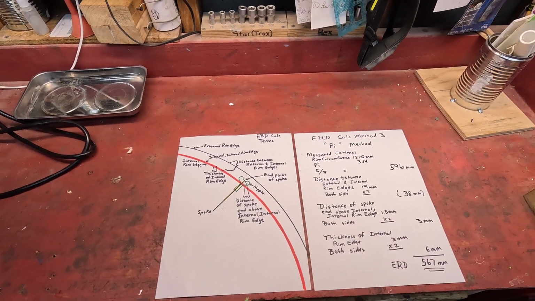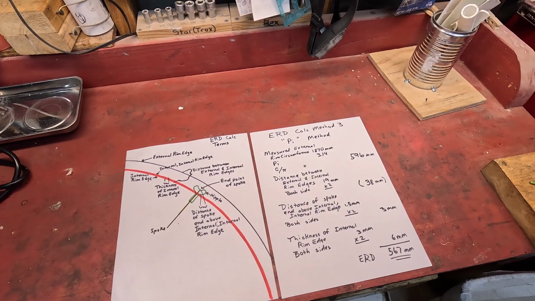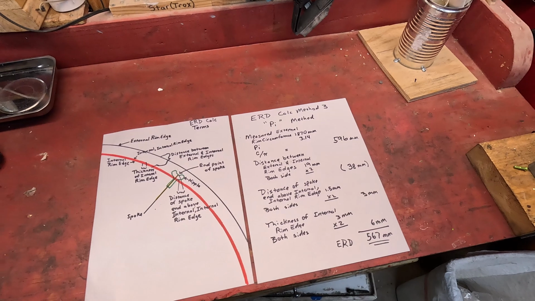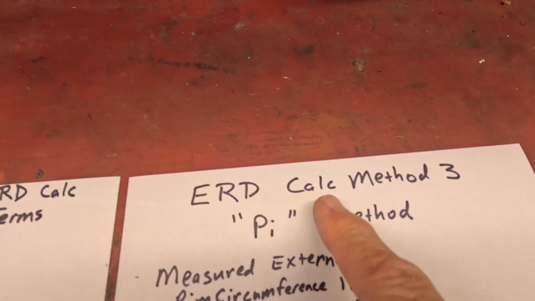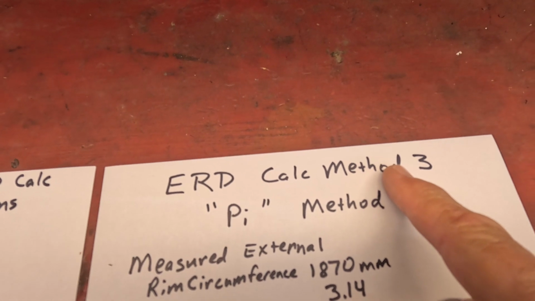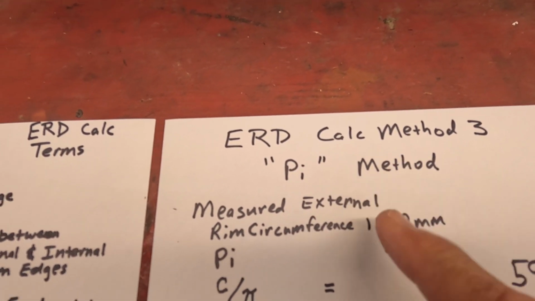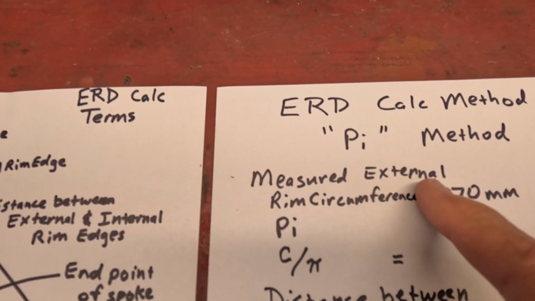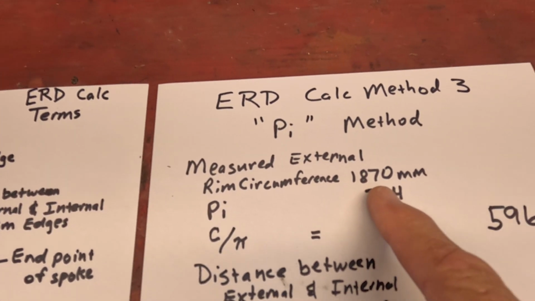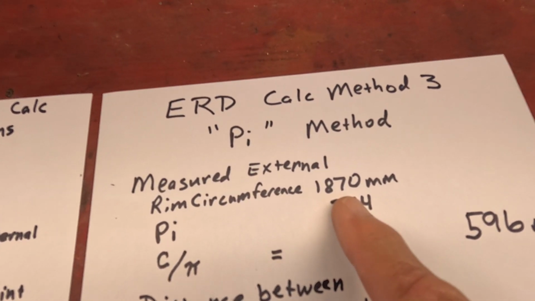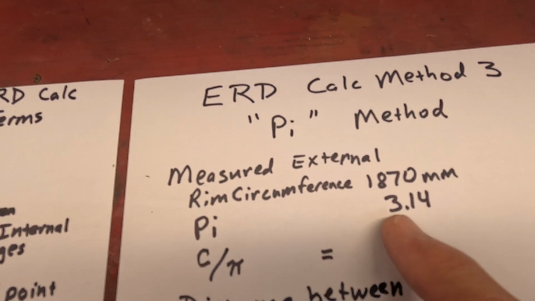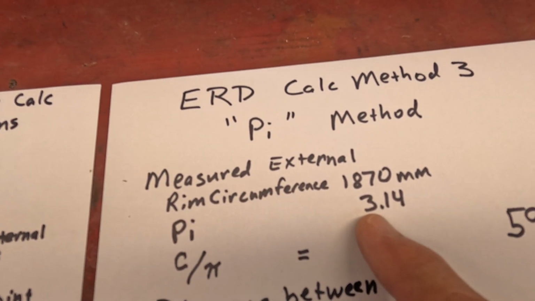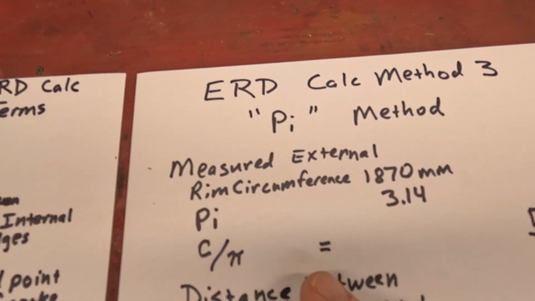Okay, now that you have the external circumference of the rim, we can start doing some calculations. So this is the ERD calculation methodology number 3, referred to as the pi method. I measured the external rim circumference at 1,870 millimeters. Pi is 3.14, roughly.